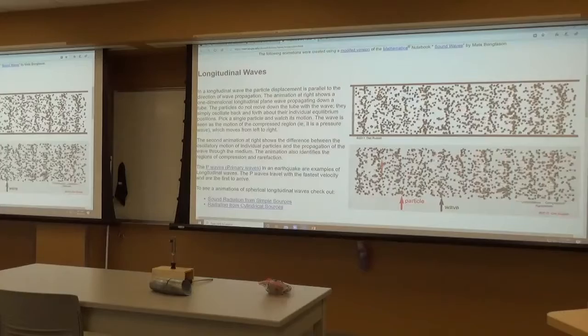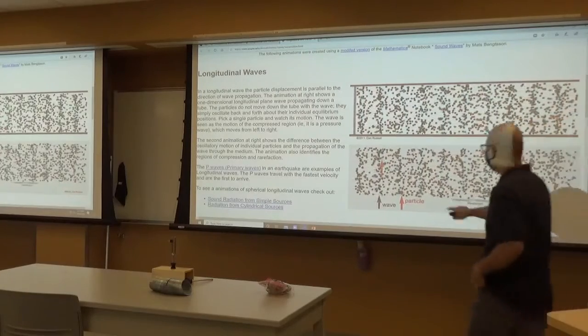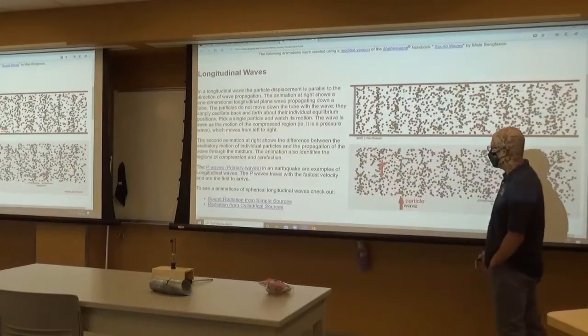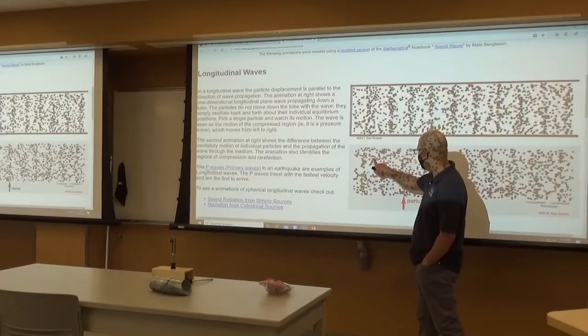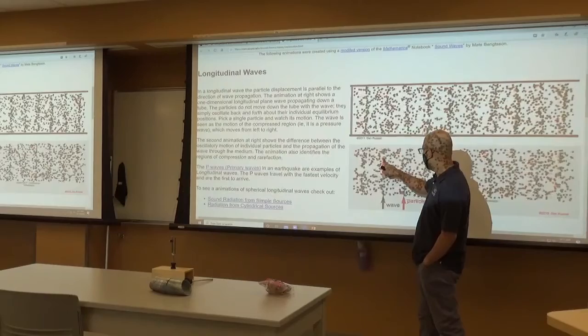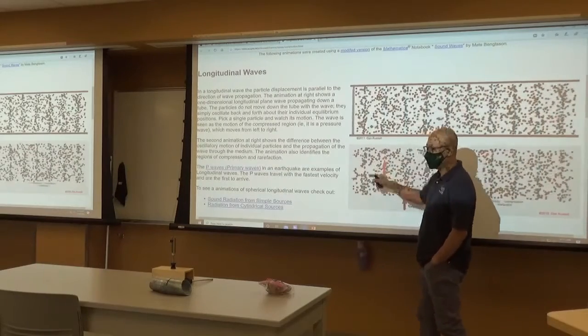Look at this red dot. When you disturb this medium, the molecules move back and forth, back and forth, back and forth.